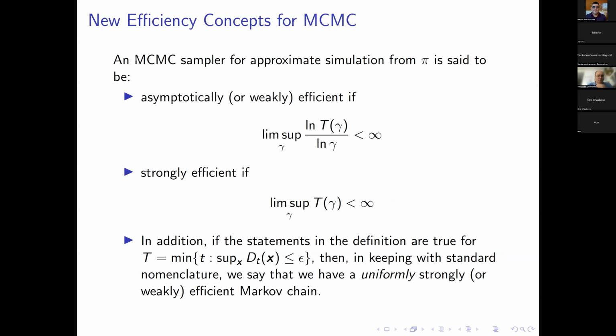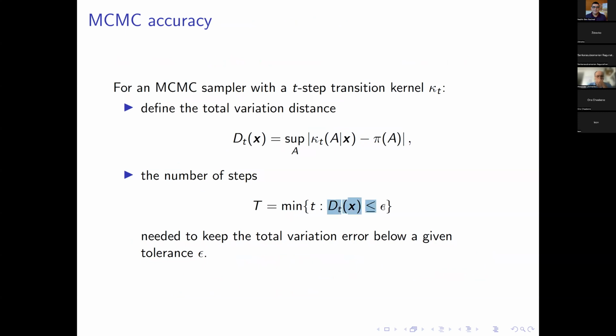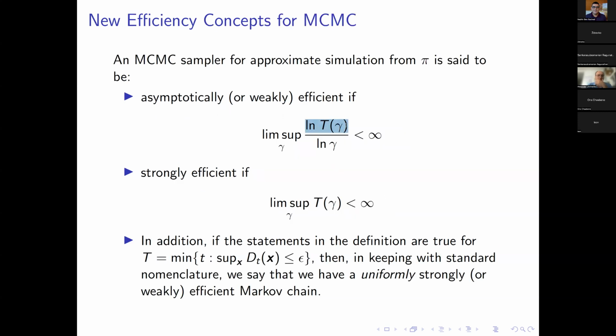Well, I call a Markov chain Monte Carlo algorithm or sampler asymptotically efficient if, as the rarity parameter goes to infinity, the number of Markov chain steps required to keep the total variation distance below epsilon grows only polynomially but not exponentially. Then I have an asymptotically weakly efficient Markov chain.